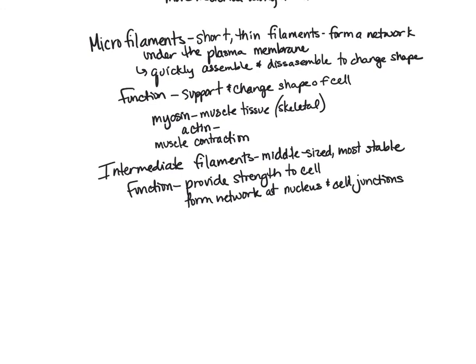So we see these intermediate filaments as providing strength because they're going to form this network around the nucleus, providing protection to the nucleus, as well as at cellular junctions.